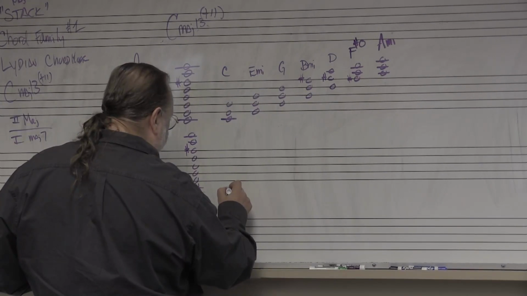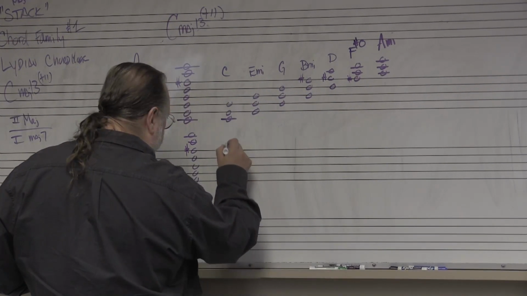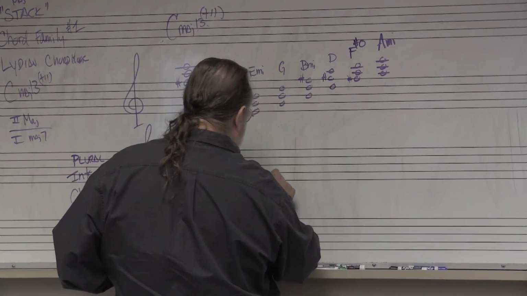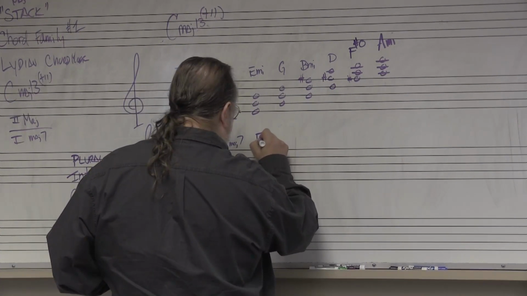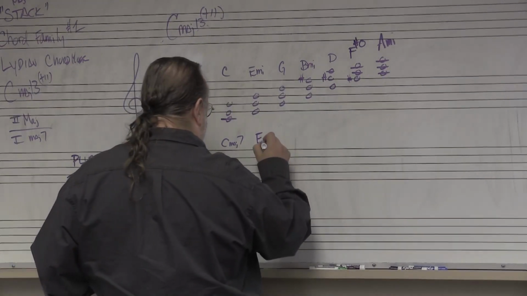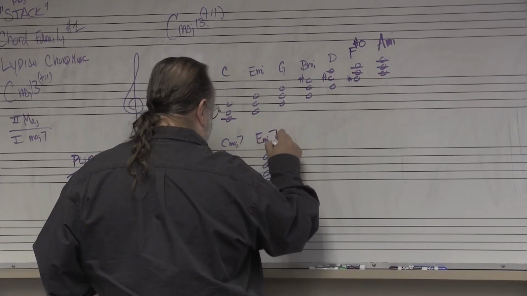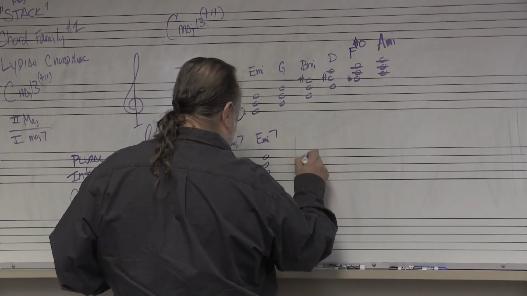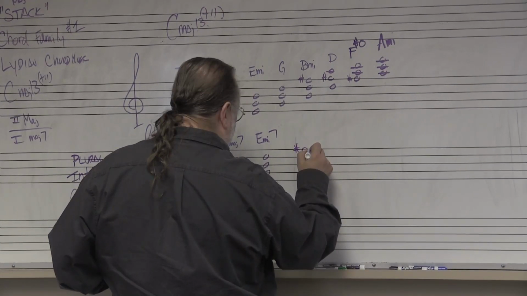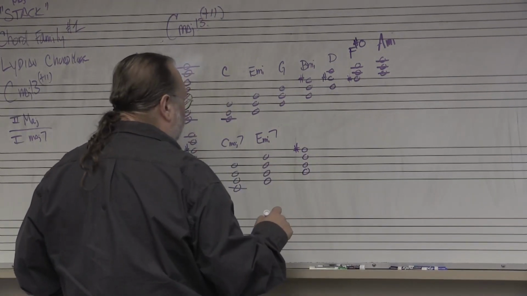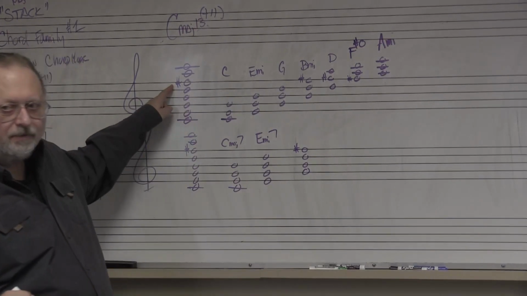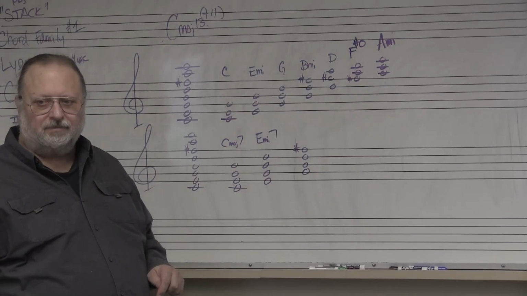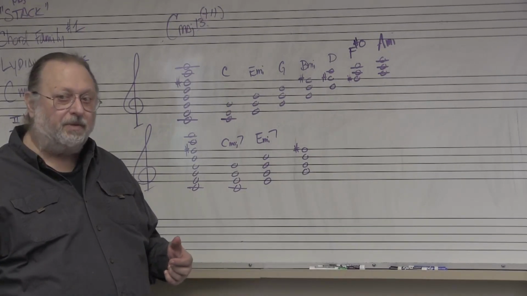And then we have this C major 7, E what? Minor what? And then we got what? Because it's that, right? So what is that? The F sharp makes it a major 7, right?